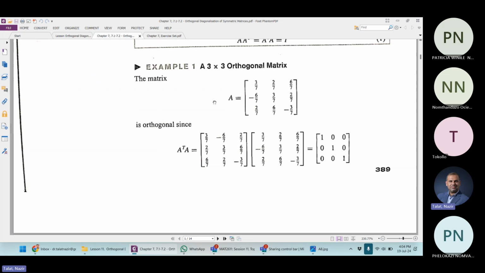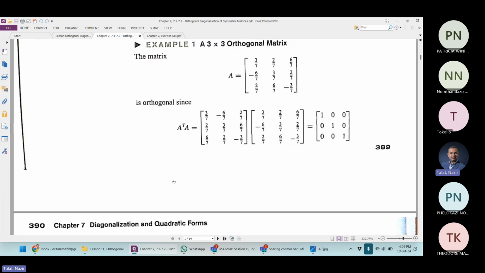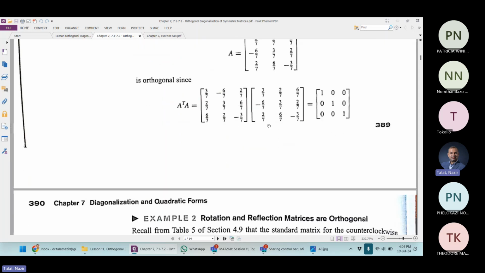So A transpose behaves the same as A inverse, and hence A is an orthogonal matrix. Orthogonal means that the product of a diagonal entry gives you its norm, which by default is 1.